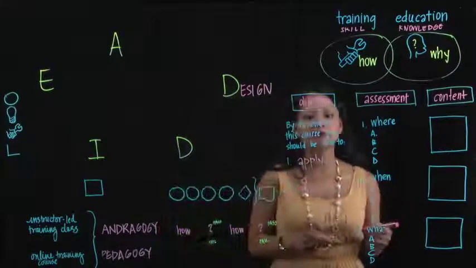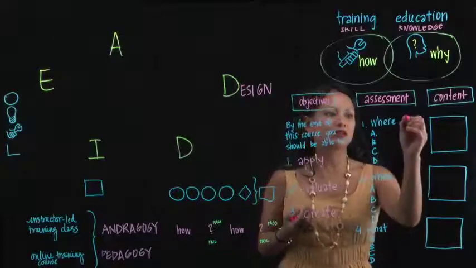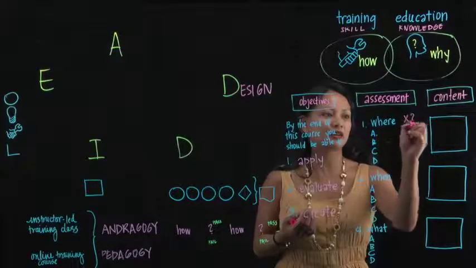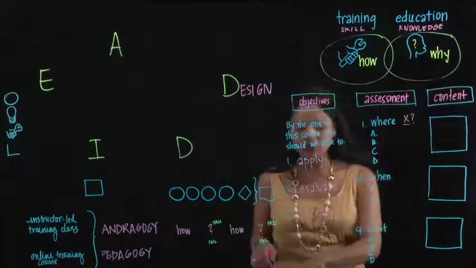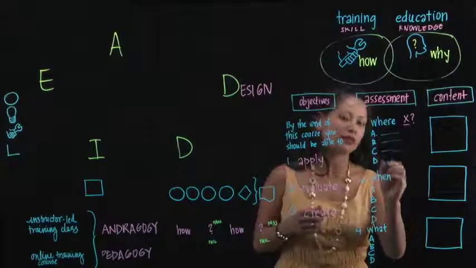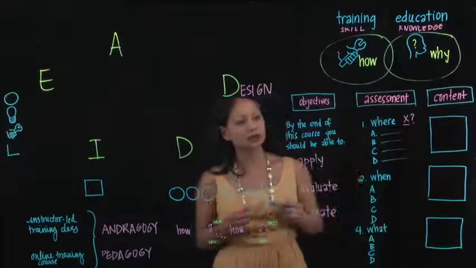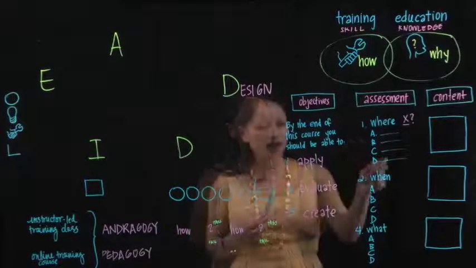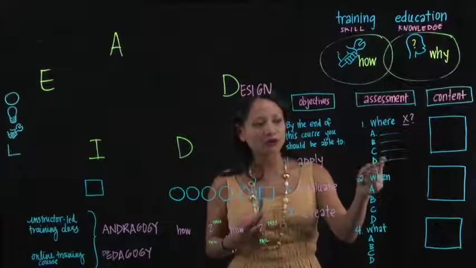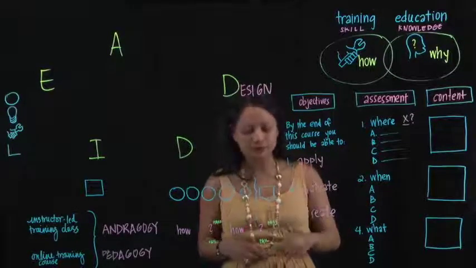So for example, one of the questions I might ask is a question around where. And I might have a multiple choice set of options. And by the way, for every multiple choice set of options, you want to make sure you have at minimum 4 options for people to choose from. That test question should always match at least one of your objectives that you have identified earlier.